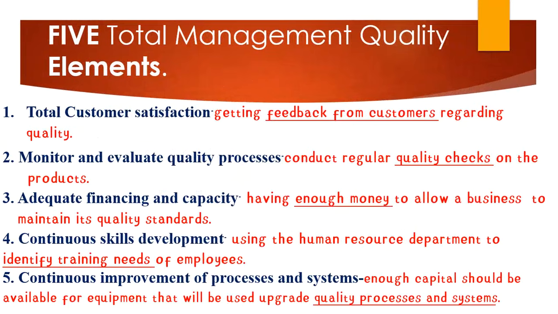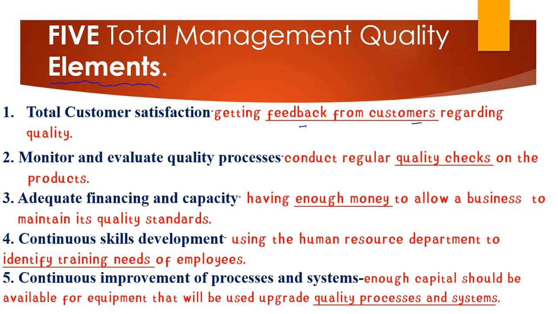All right, there are 5 total management quality elements. This is very important for exam purposes, the 5 total management quality elements. The first one is around customer satisfaction, total customer satisfaction. We can get feedback from the customers regarding the quality, just to make sure that the customers are satisfied.